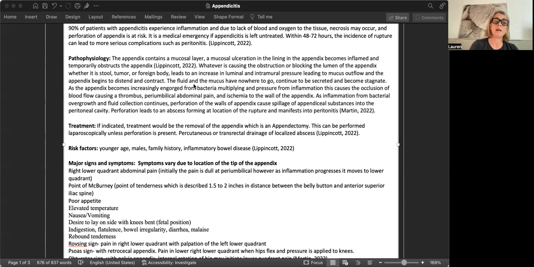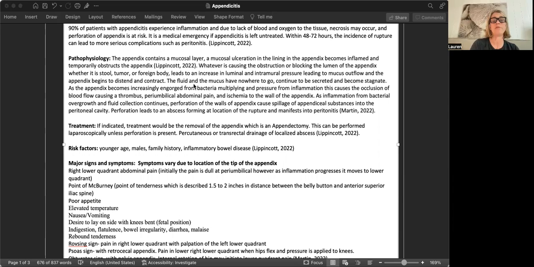As the appendix becomes increasingly engorged from bacteria multiplying and the pressure from the inflammation, this causes occlusion of the blood flow, causing a thrombus. This is where you'll see your peri-umbilical abdominal pain begin, and ischemia to the wall of the appendix.